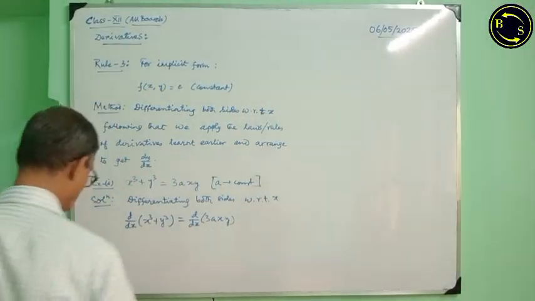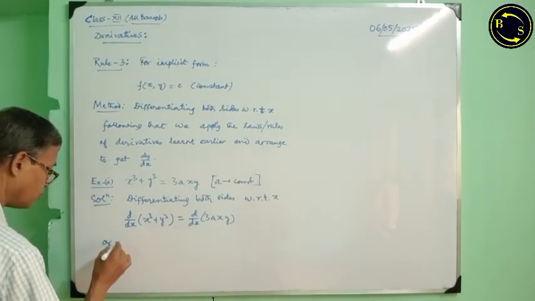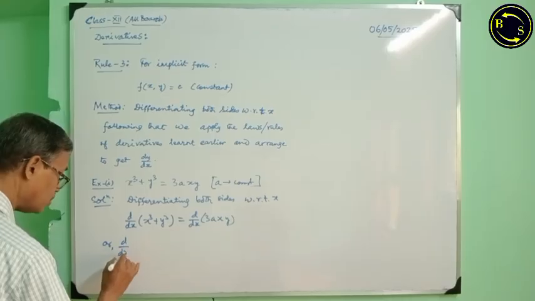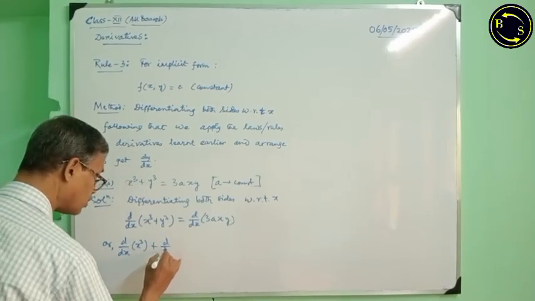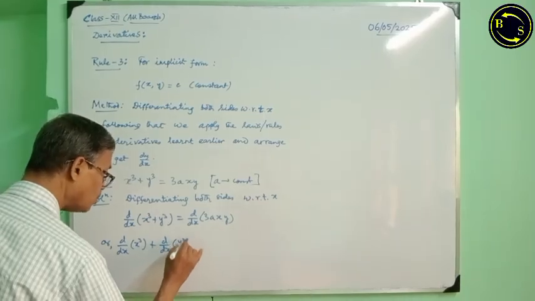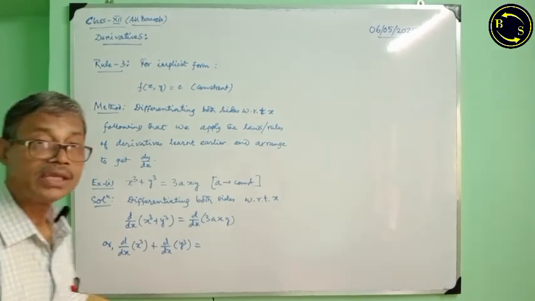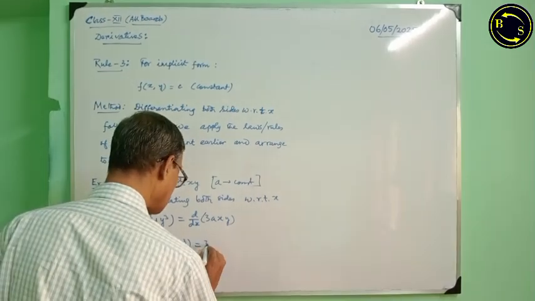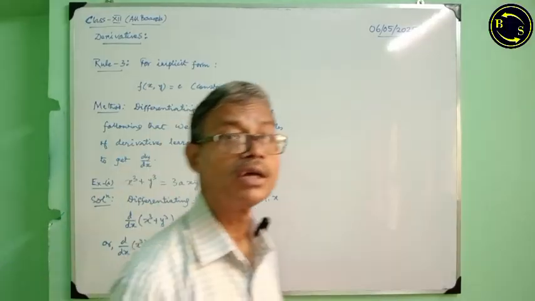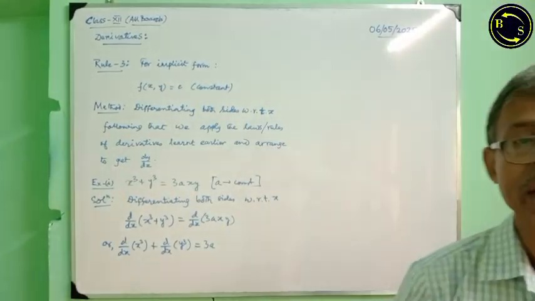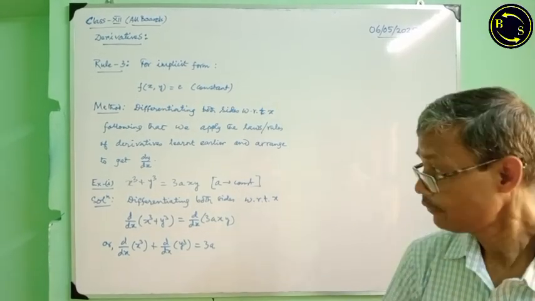Now we apply the rules we have learned. d/dx of u plus v form, therefore d/dx of x cube plus d/dx of y cube is equal to 3axy. Here 3a is constant, therefore 3a is taken outside. According to the formula or law, d/dx of a into f(x), where a is constant, is equal to a into the derivative of f(x).